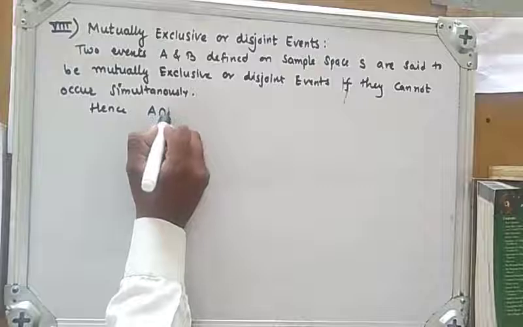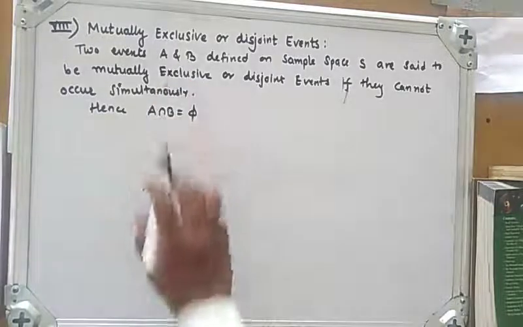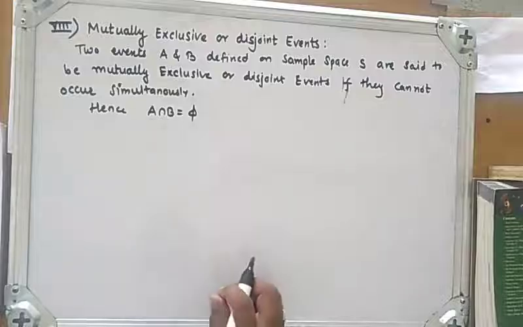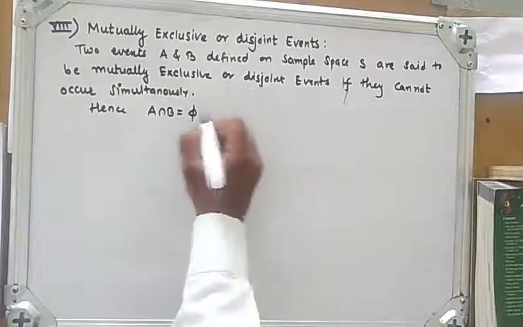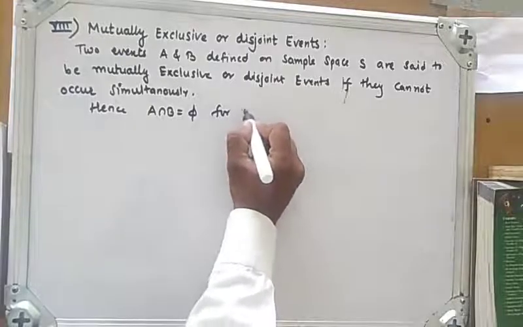A intersection B will be phi. So mutually exclusive means what? Their intersection will be empty. So A intersection B is equal to phi for mutually disjoint events.